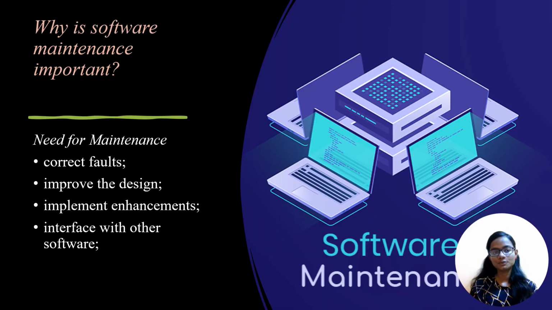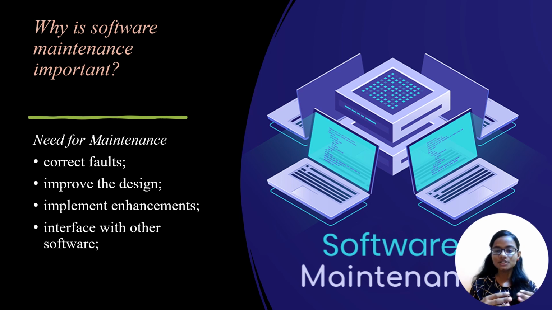Now we will come to the point: why is software maintenance important? Creating a new piece of software and launching it into the world is an exciting step for any company. However, a great piece of software must be able to adapt with the times. This means monitoring and maintaining it properly.